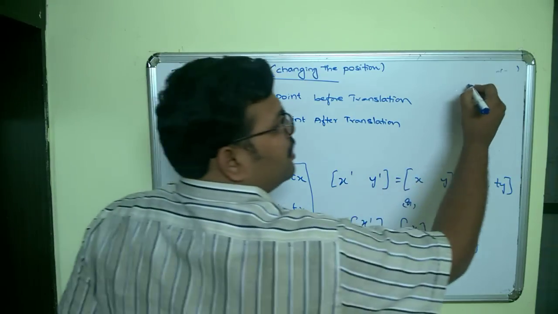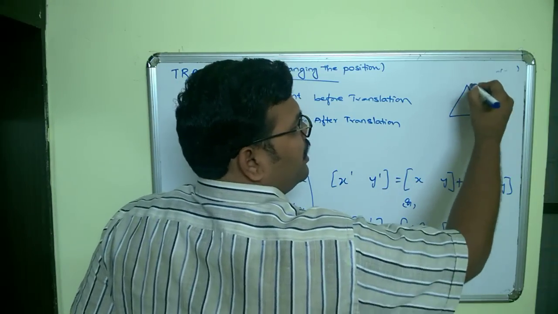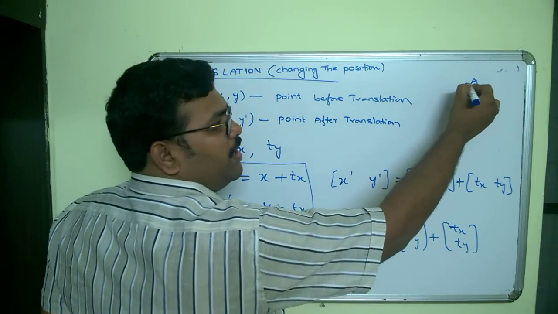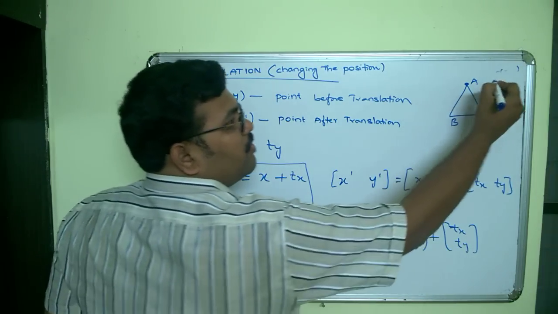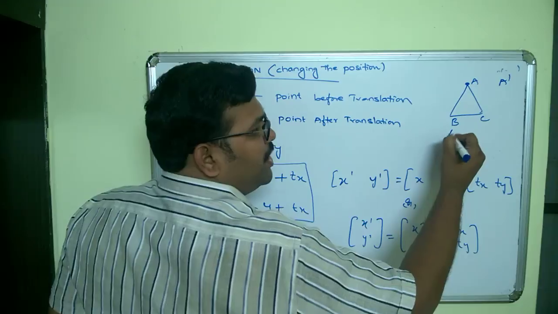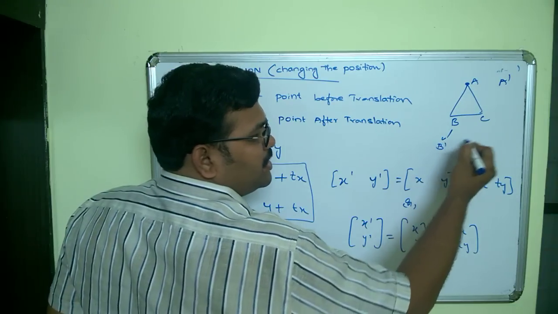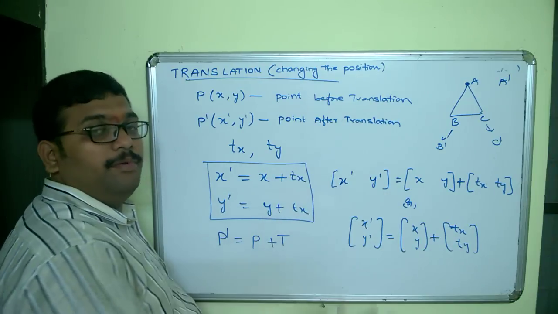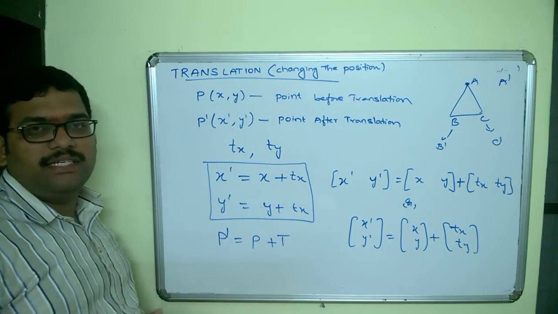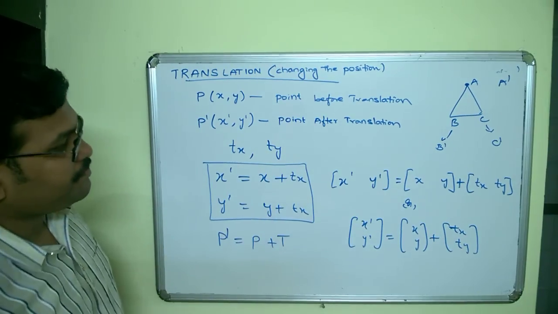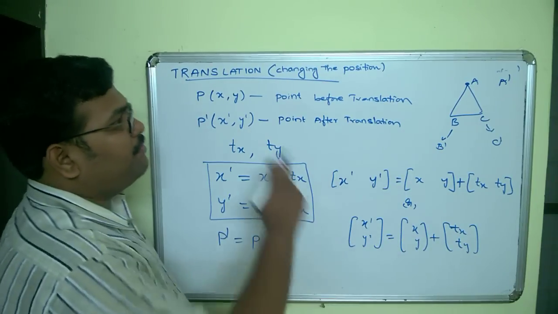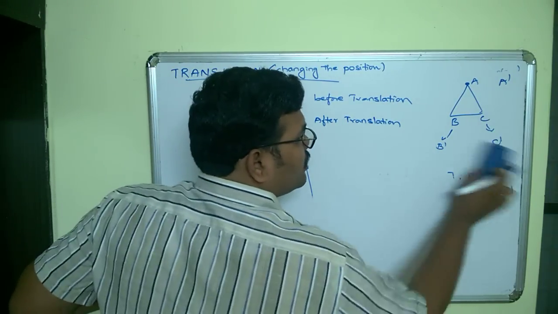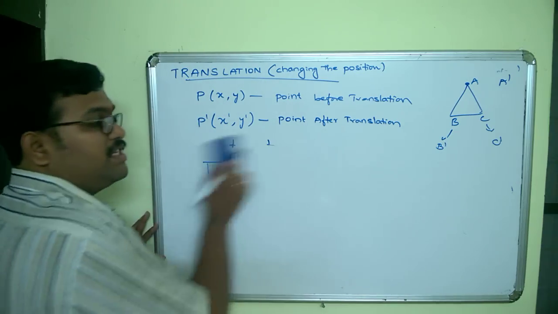Let it be a triangle with A, B, C. First consider the point A and find A dash, then calculate B dash, and C dash. So that the object will be moved to A dash, B dash and C dash. This is the formula for translation. Examples we will see in the next session.